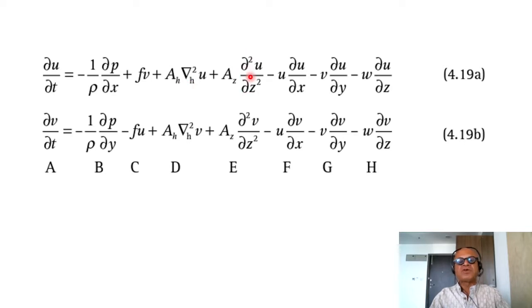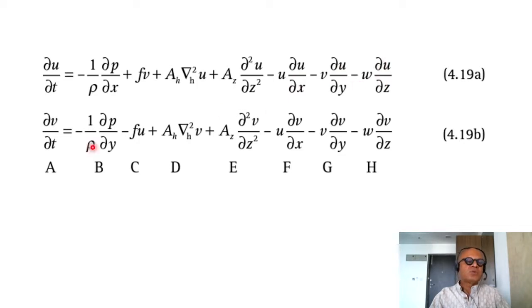The vertical term we have reduced from the wind stress forcing to the vertical eddy viscosity and the vertical shear, del squared u del z squared. And we have the advection terms: minus u du dx minus v du dy minus w du dz.